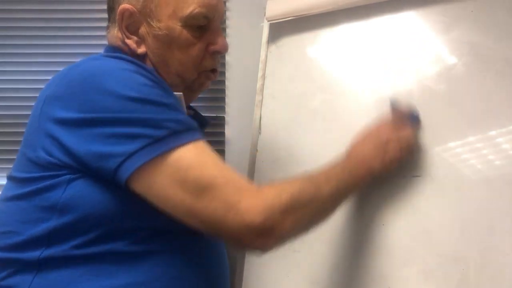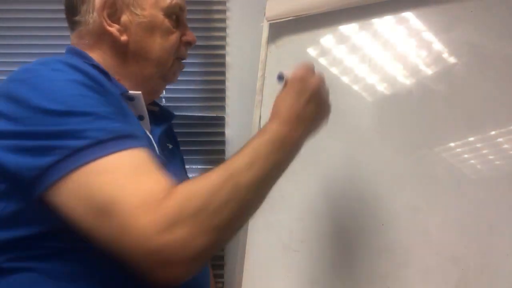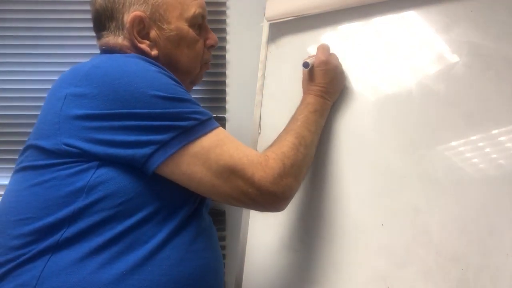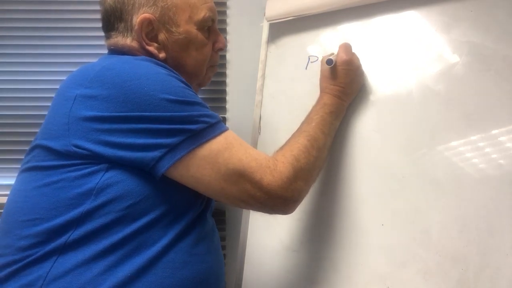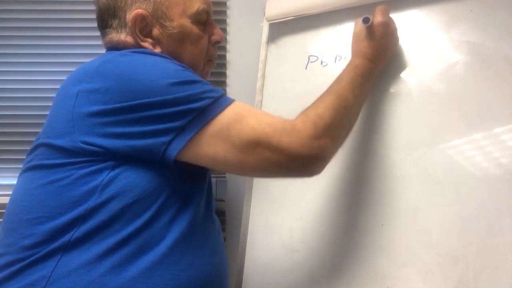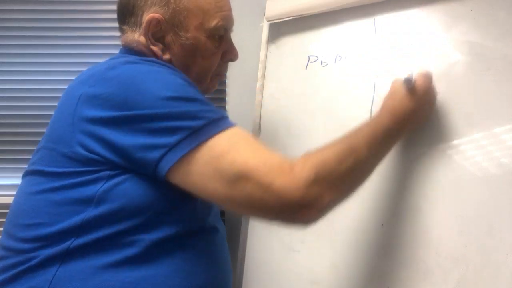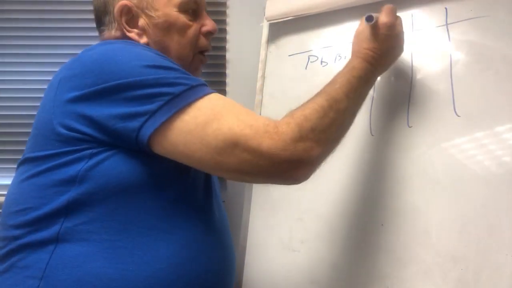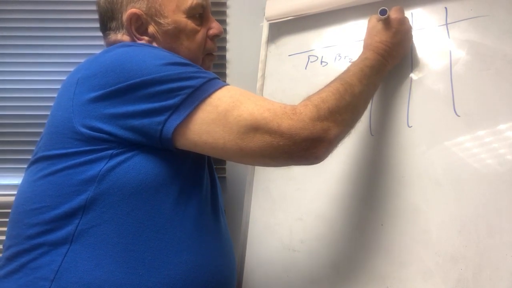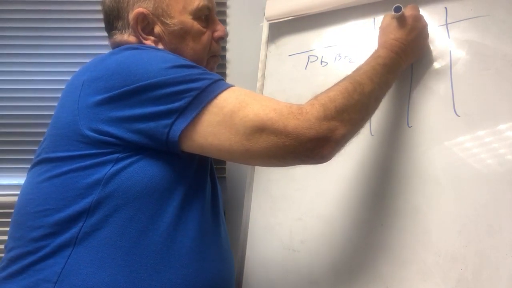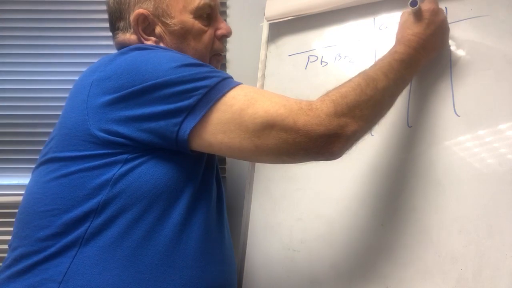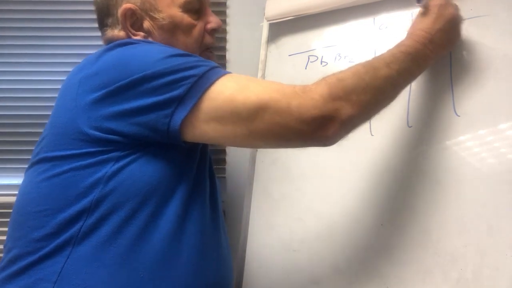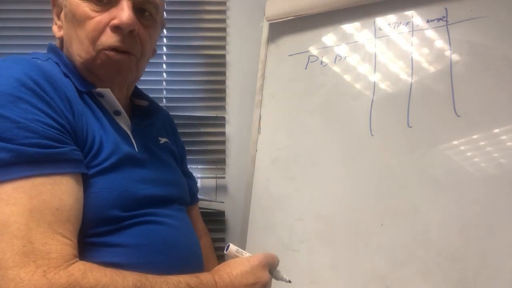So, to summarize, if I took the example lead bromide, here is the cathode, and here is the anode. I electrolyze lead bromide.